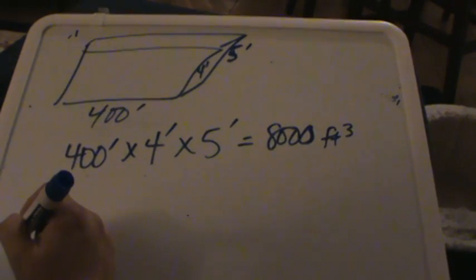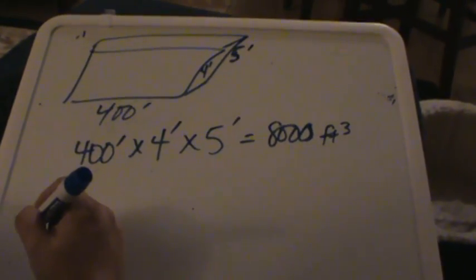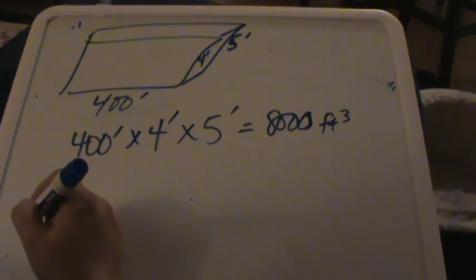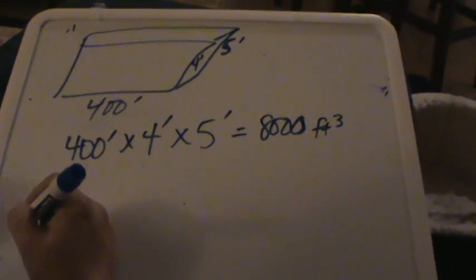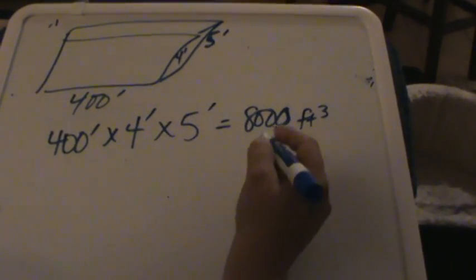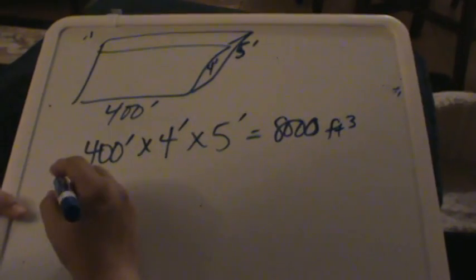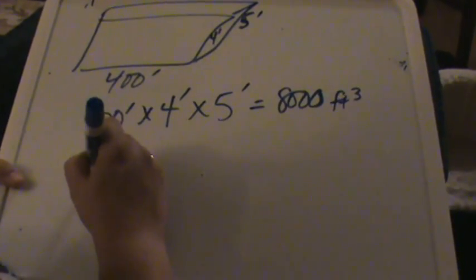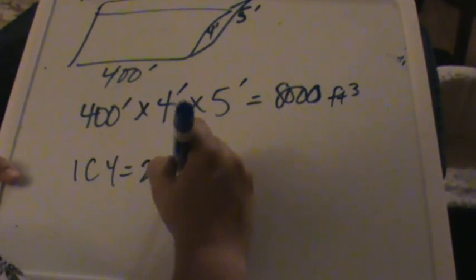But the question is, how many cubic yards are excavated? Again, it's very common that we measure soil in cubic yards because we want to know how large of a truck can carry the soil, or how many cubic yards of backfill we need to bring back to this trench. So that's often measured in cubic yards. So in order to do that, we convert this to cubic yards. If we look at our conversion sheet, 1 cubic yard is equal to 27 cubic feet.